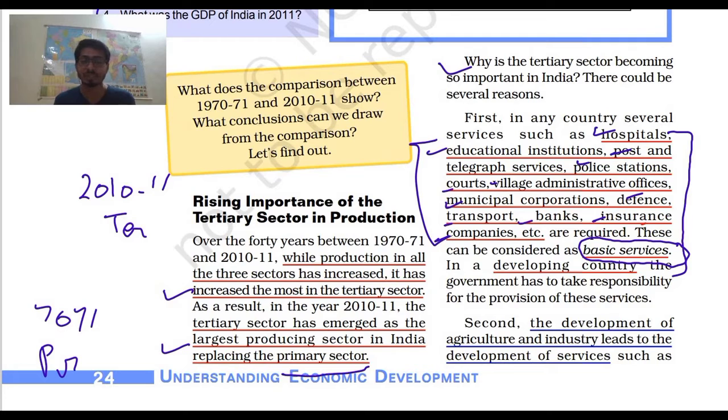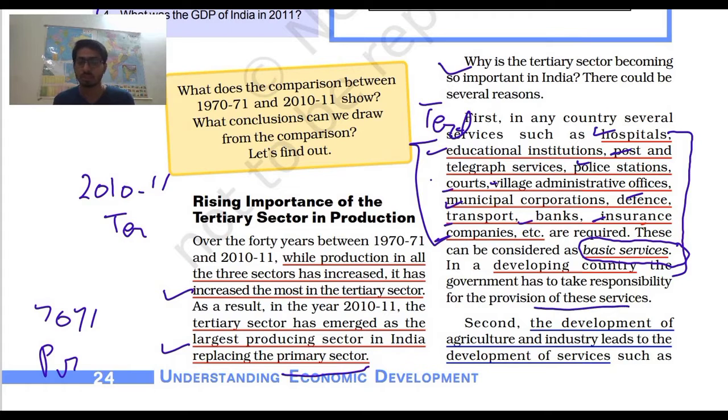With time, there has been a huge increase in these kinds of services. And because of that, which sector has grown over the time period? The answer is the tertiary sector. In the developing countries, the government has taken the responsibility for the provision of these services.